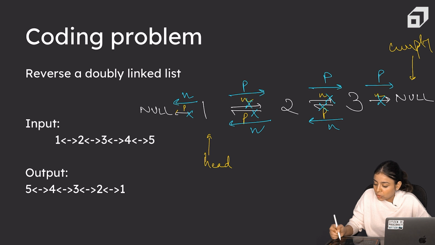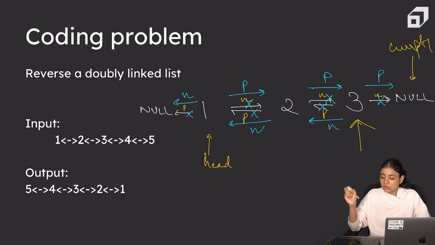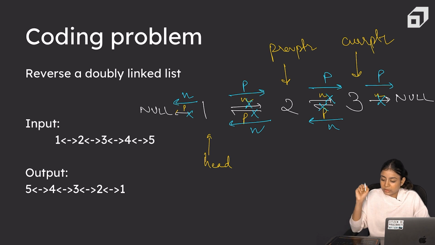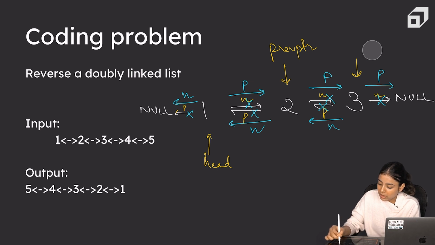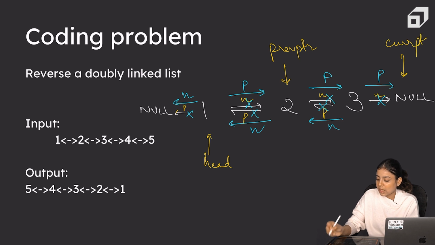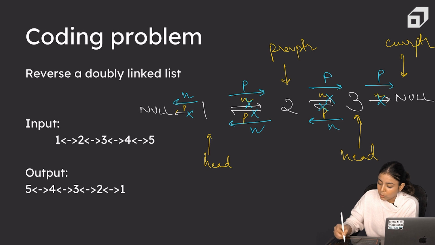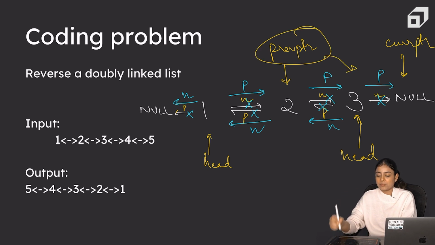Now what will be the new head? The new head would be this node 3, and how do I access that? If you see, before I moved the nodes forward, this was my case where previous pointer was at 2 and current pointer was at 3. So when I move my current pointer here and I realize, okay, now my linked list is empty, then I can say my head pointer would be previous pointer's previous.